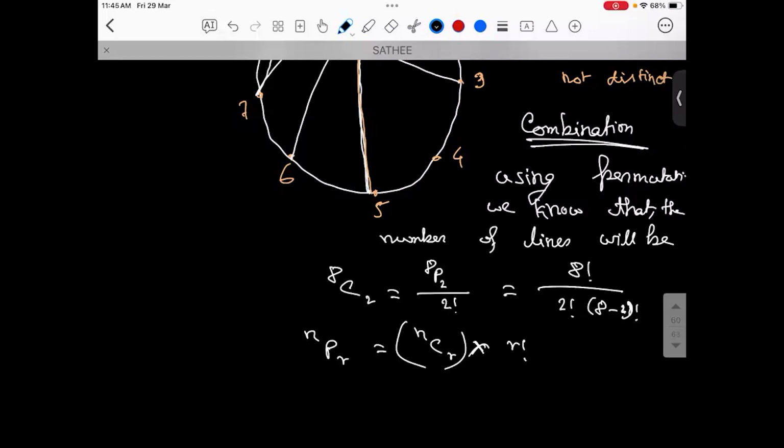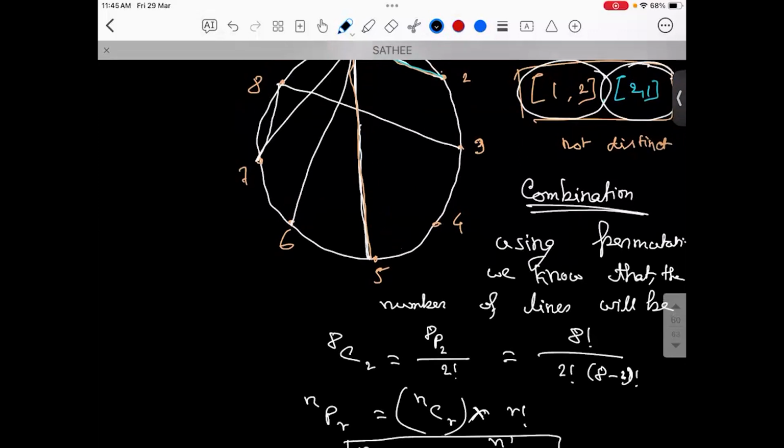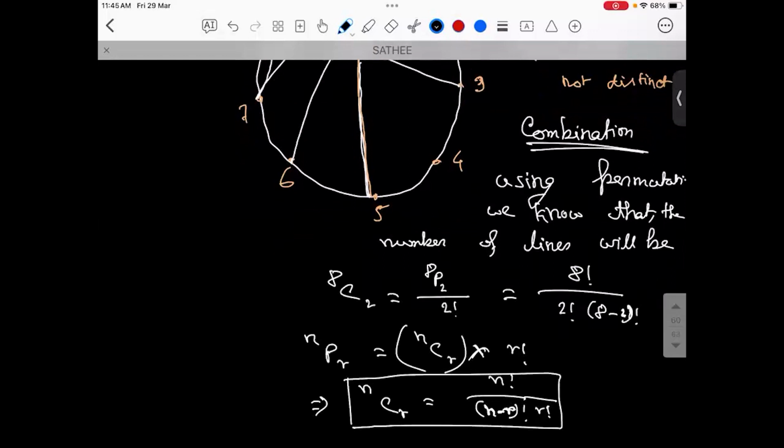So the formula for NCR is n factorial divided by (n minus r) factorial, which is the permutation, and again we divide by r factorial to obtain the formula for NCR. Thus we obtain the formula for combination, that is how many possible combinations we can get from n distinct objects using r at a time.